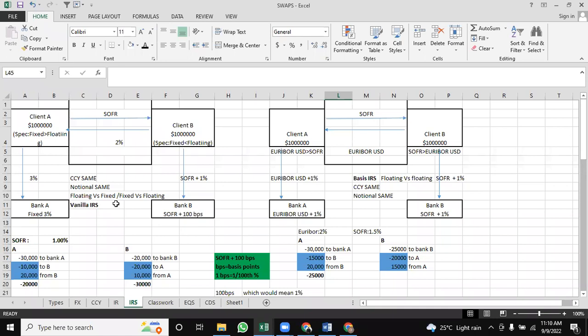Fixed of 2%? No, not fixed. Remember, if you're borrowing at floating, you will receive the floating only. My question was, let's say you borrowed $10 million from your bank at SOFR plus 2%, and you want to reduce your risk, so you enter into an interest rate swap agreement with the swaps bank.